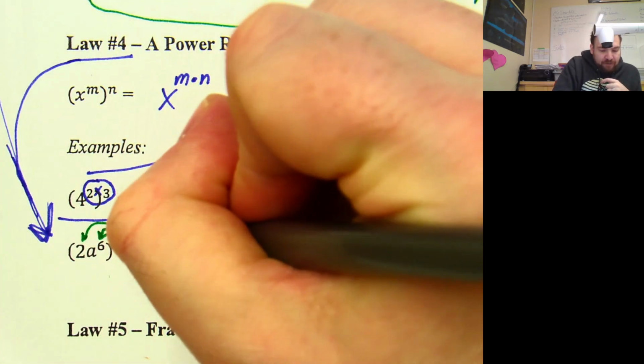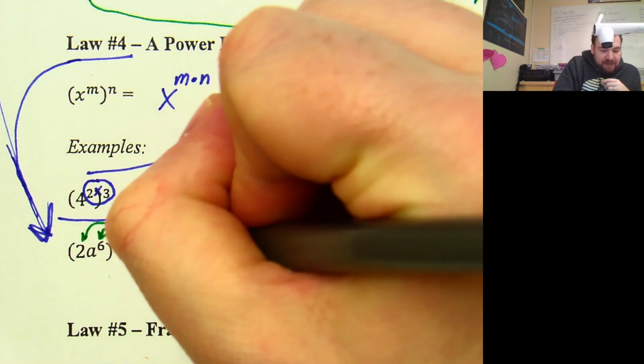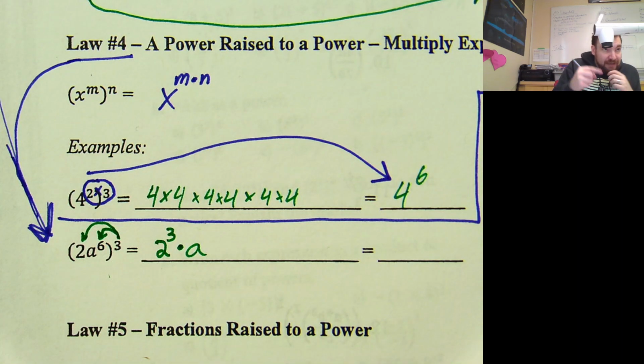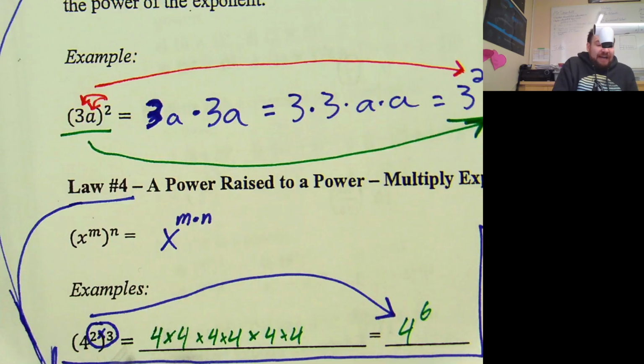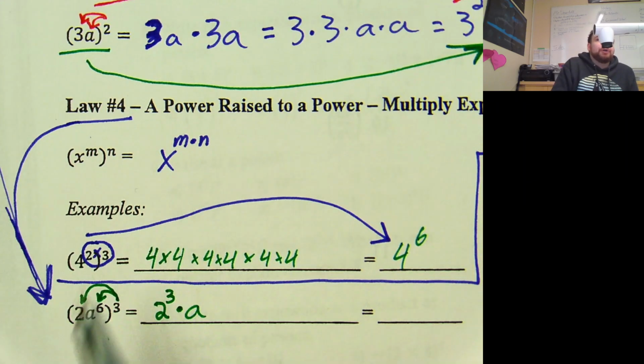2 to the 3 times a to the, yeah, and this is where law 4 comes in. Now, when I had 2 here, there was no exponent. When there is no exponent written, what do we assume the exponent is? So 1. So basically, we are actually using law 4, because I have 2 to the 1 to the 3, and 1 times 3 is 3.